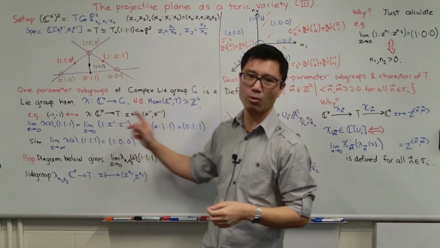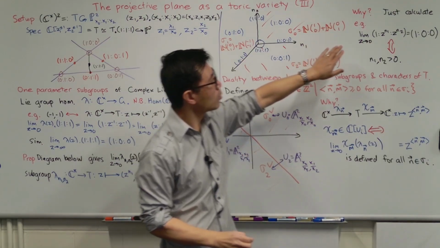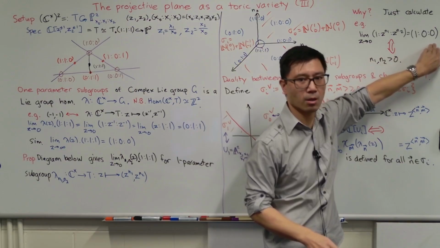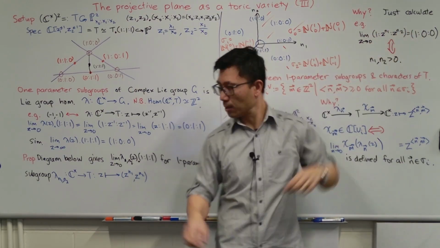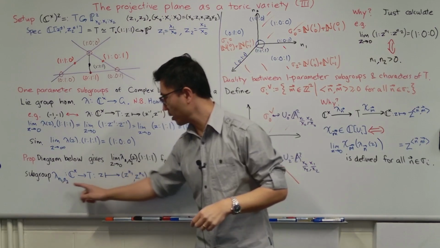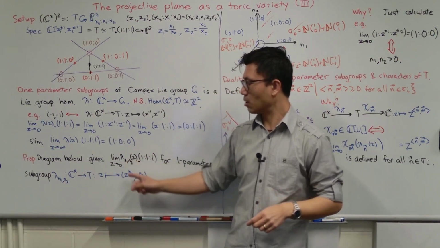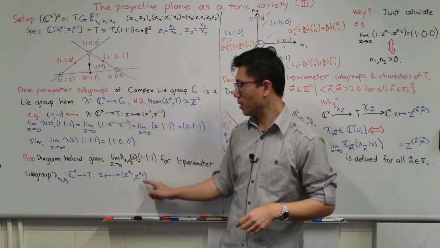Let me just show you how to prove this. It's really the same type of calculation that we've performed here, but let's just do a simple case. Suppose you want to look at all the cases where the limit point is 1:0:0. So what is the action of this lambda n1, n2 on that 1, 1, 1? If you let this act on 1, 1, 1, you just scale the last two coordinates by z^n1 and z^n2.